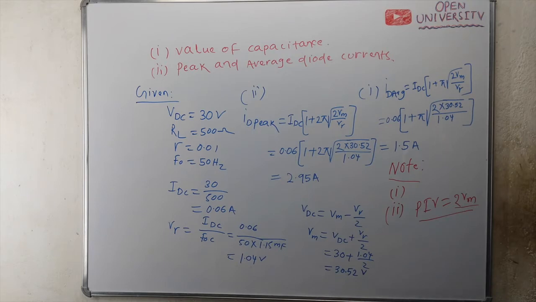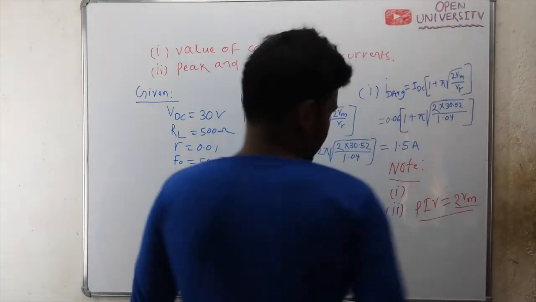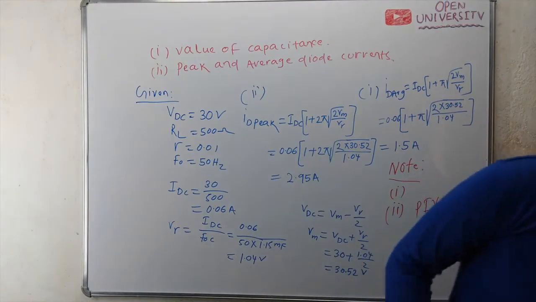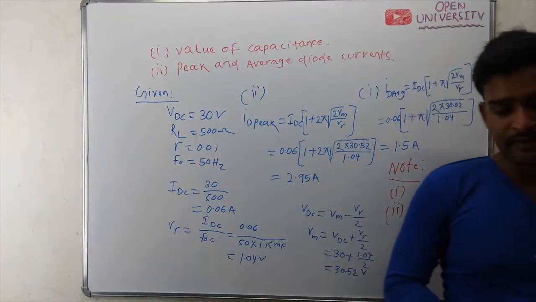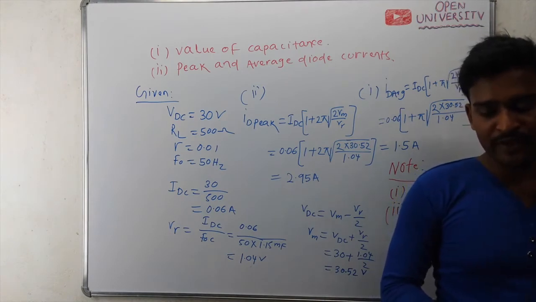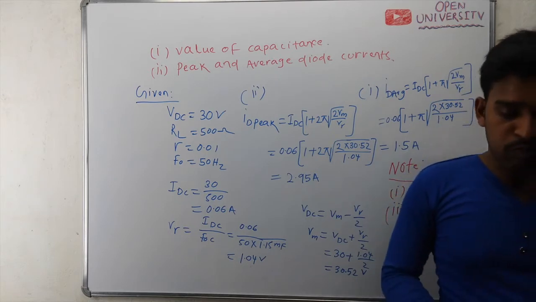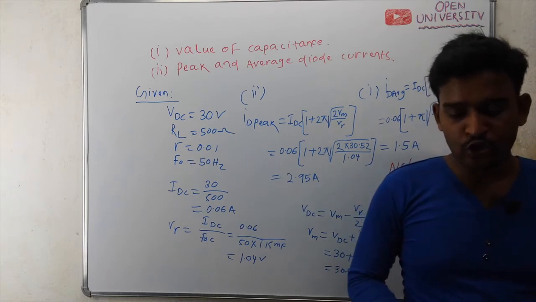Take another question under this half wave rectifier with capacitor filter. Take next question. A half wave rectifier uses a capacitor of 200 microfarad in parallel to a load of 2 kilo ohm.